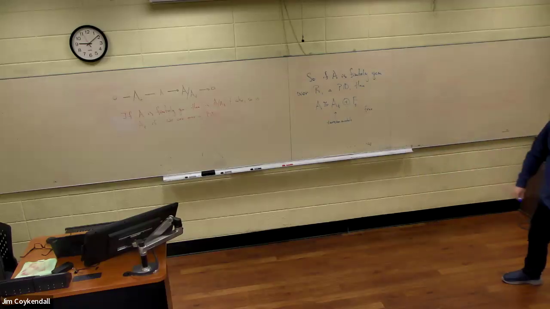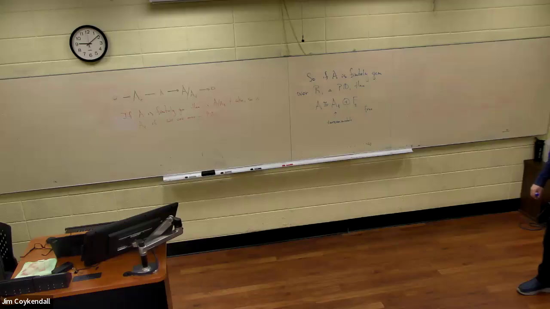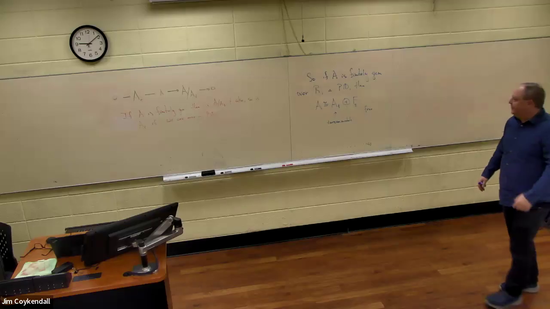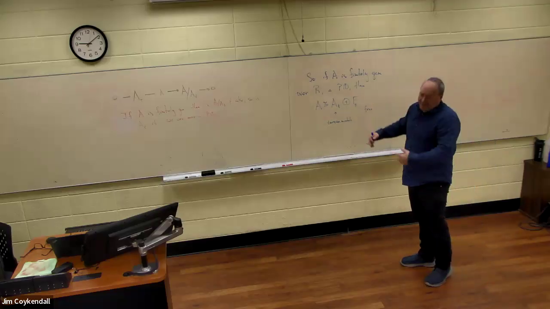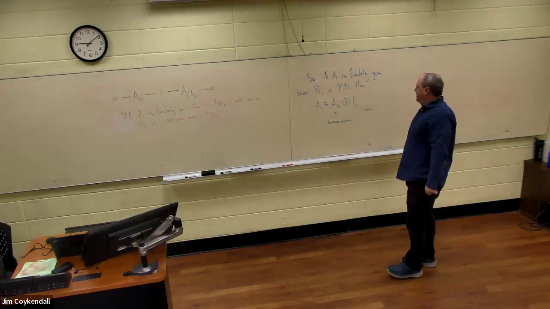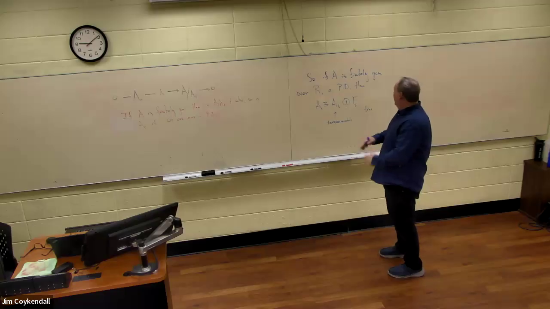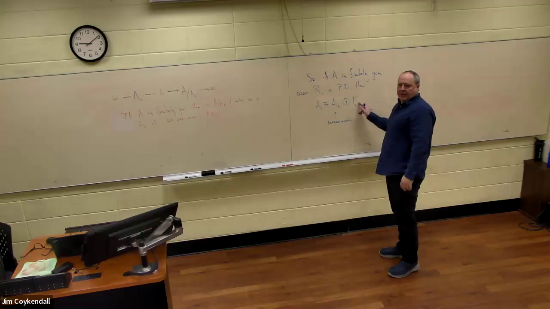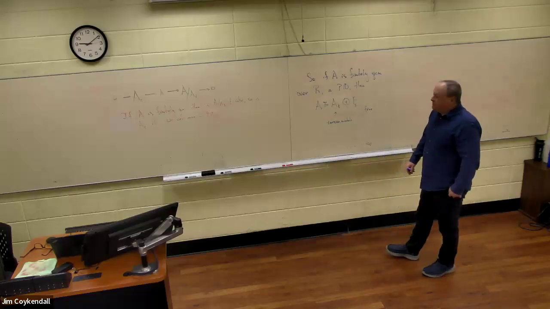And I'll add a little bit more oomph to it. Of course, the torsion module is finitely generated as well. F is free and finitely generated. And in fact, this free bit is isomorphic to A mod the torsion module, right?